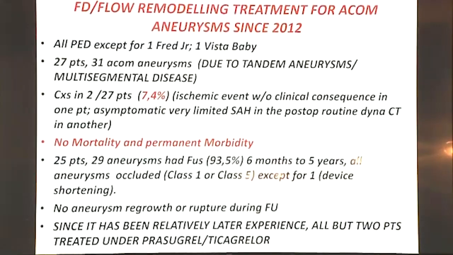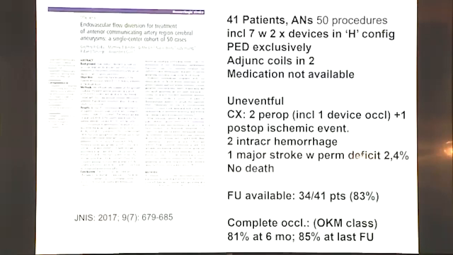So actually, it was not the failure of the flow diversion, but failure of our treatment. No aneurysm regrowth or rupture during this period. In this series, except for 2 patients, all patients were pre-medicated with prasugrel or ticagrelor. So only in 2 patients, clopidogrel was used.